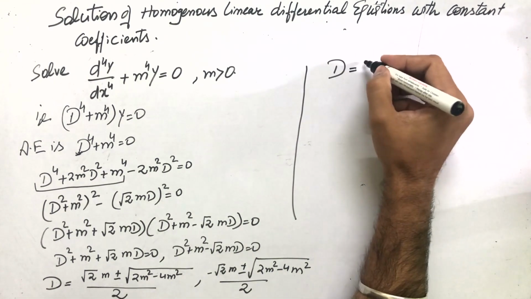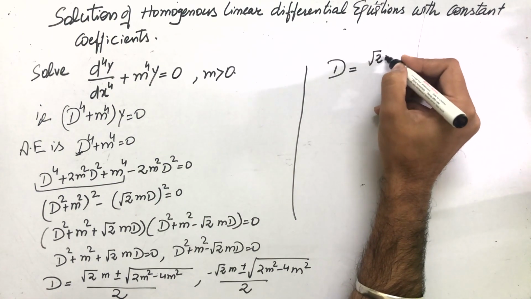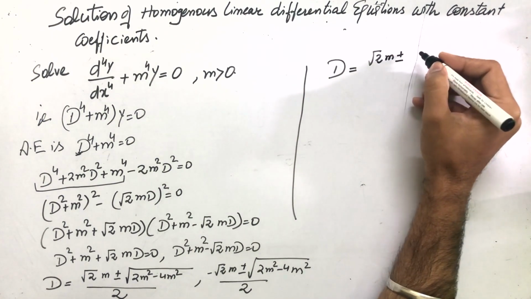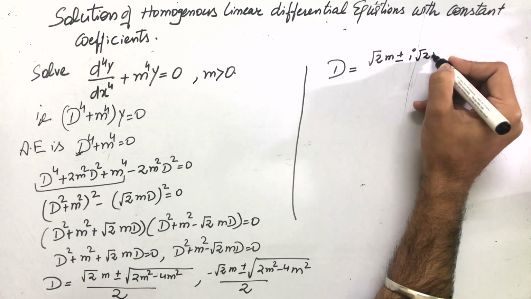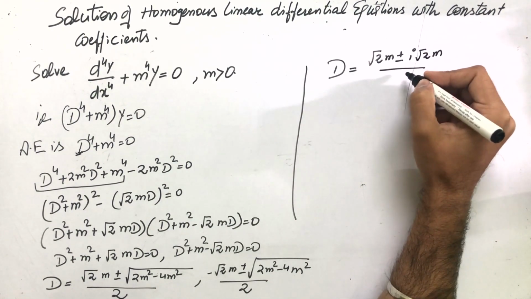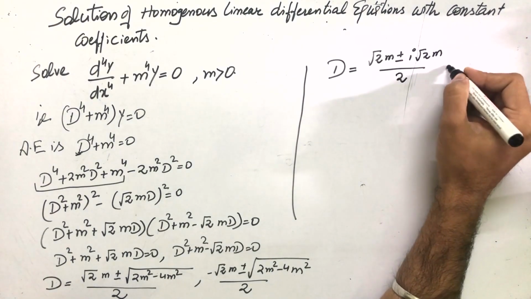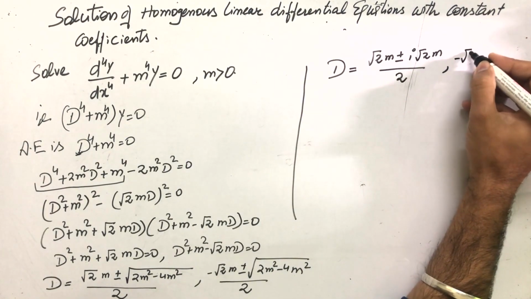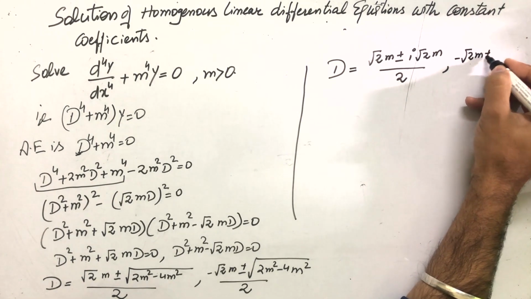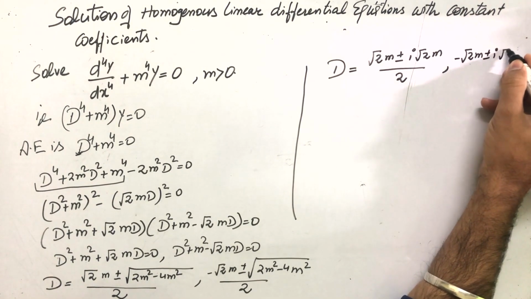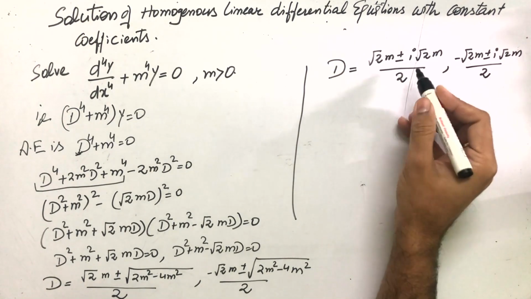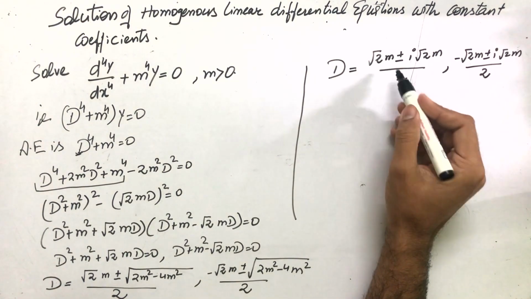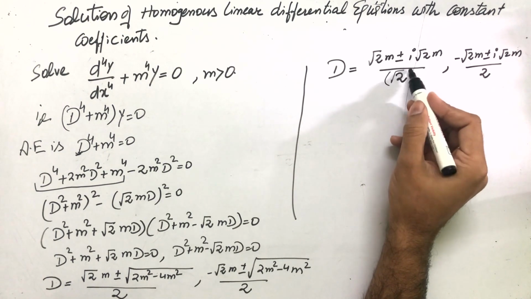So let us simplify this further. Under root 2m plus minus iota under root 2m upon 2, and here also we have minus root 2m plus minus iota root 2m upon 2. So very easily we can take under root 2 common, and this may be written as under root 2 square.